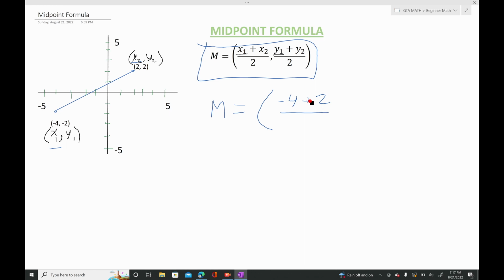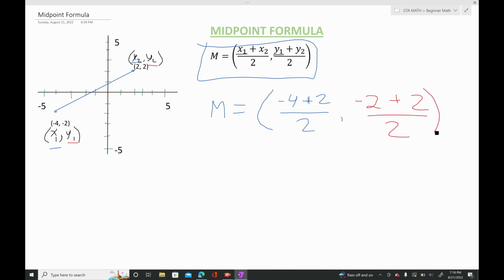We're really just copying and pasting this entire problem. And then we're going to say, okay, what are our y values? Here's y1. We're going to put y1, which is -2, up here, and we're going to add it to the y2 value, which is 2.